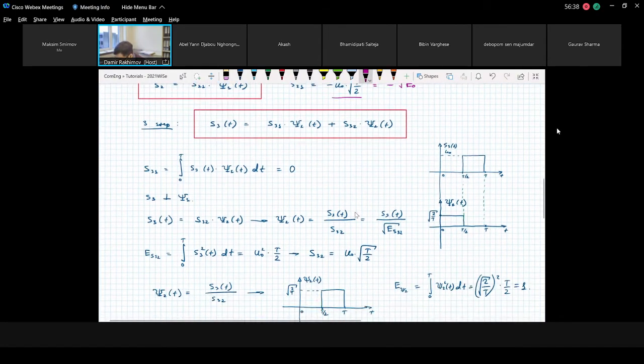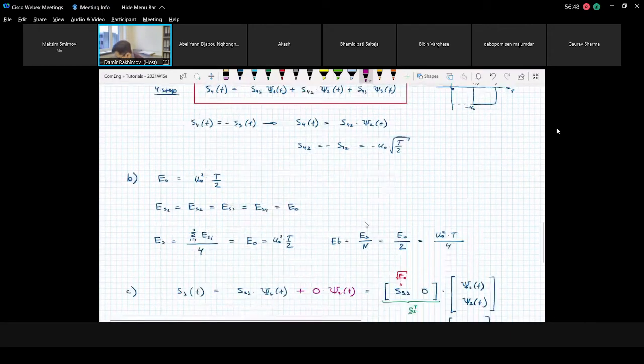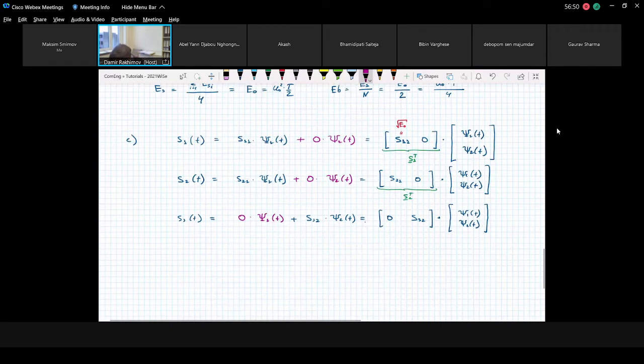And for S32, that was here, we can write it as square root of E0. So, minus square root of E0 and plus square root of E0.